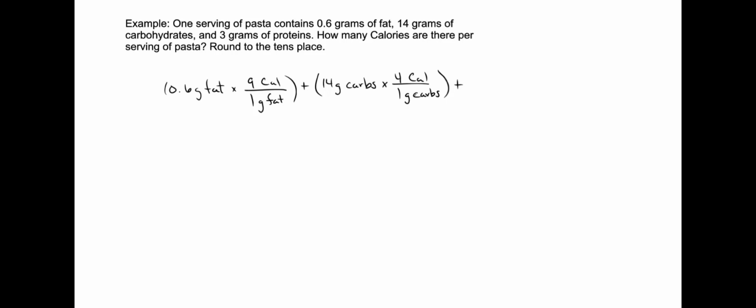And so we have 3 grams of protein times the same factor of 4. So every 1 gram of protein has 4 calories.